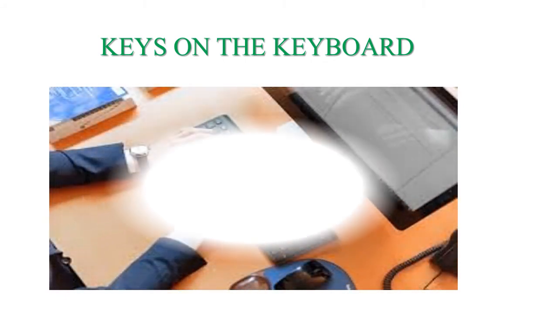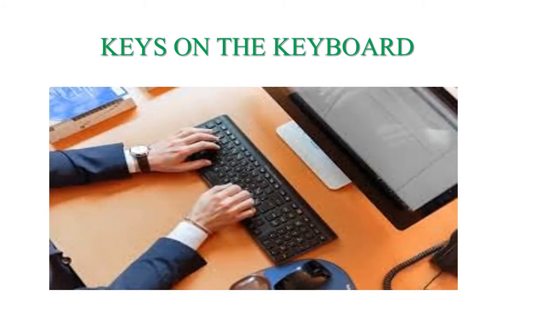In this computer keyboard, many types of keys are there. We will learn the types of keys on the keyboard. These keys are used for us to write on the computer monitor.